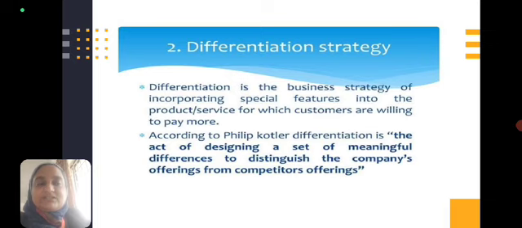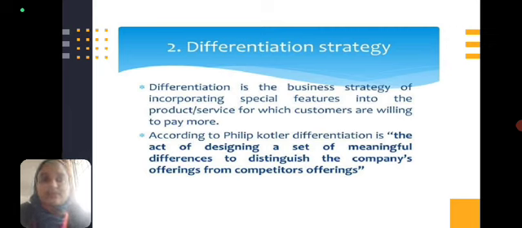The next level of strategy that we are going to discuss here is the differentiation strategy. A differentiation strategy is the business strategy of incorporating special features into the product. So what is different in your product than that of your competitors? How would you uniquely differentiate your product so that no other competitor has it?